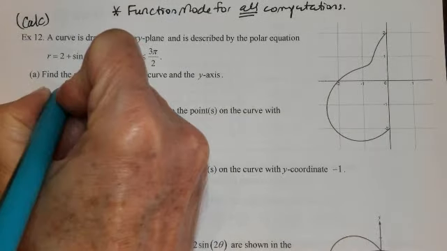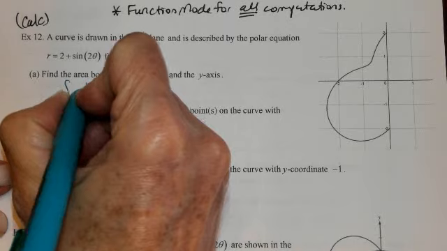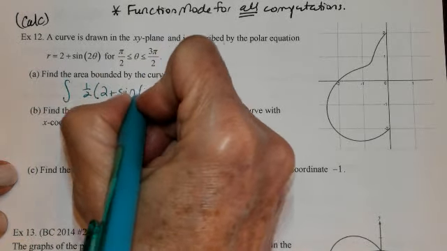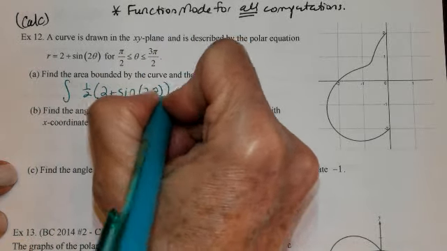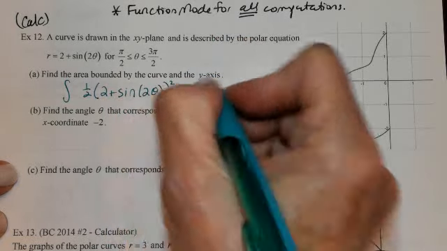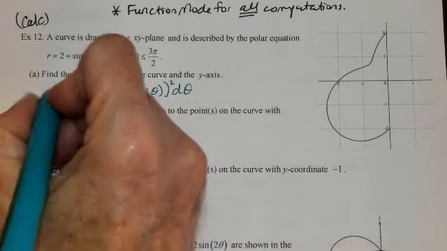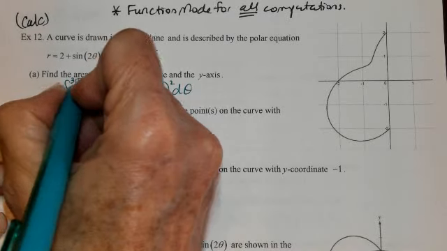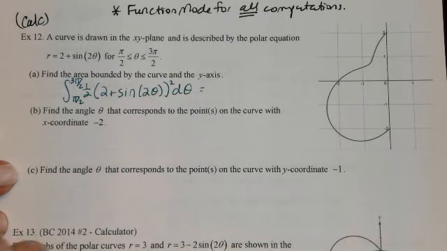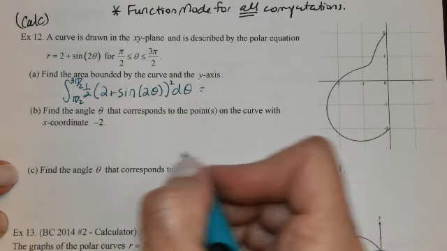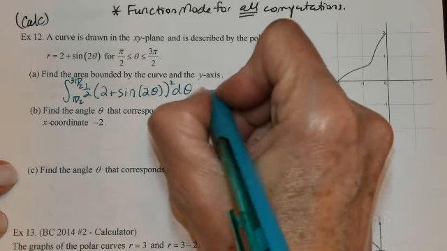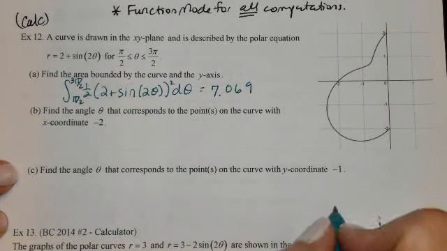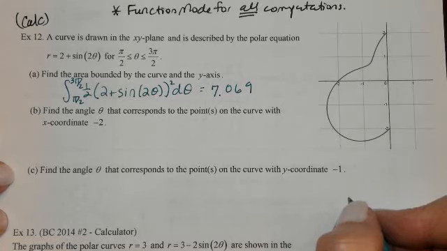So this area will be 1/2 r squared. Since there's only one r in this problem, I could just write r squared. And we are going from pi over 2 to 3 pi over 2. Carefully put that in your calculator, and we get 7.069, rounded to 3 decimal places.